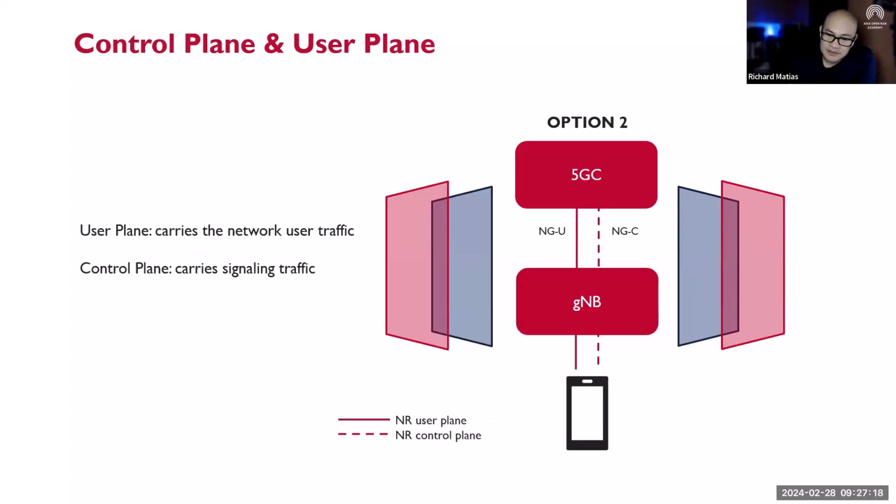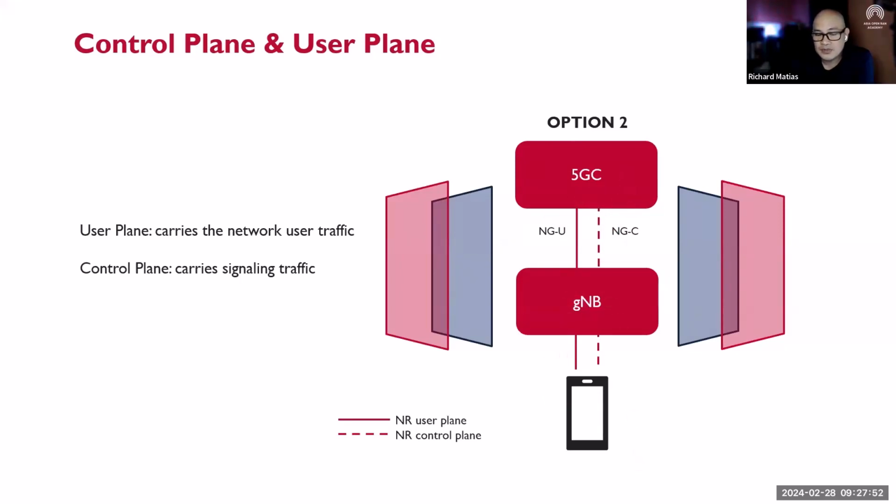The separation of the control and the user plane in the 5G network architecture is one of the critical features that enables the network to provide more enhanced functionality and performance. That's why you can always see a dotted or dashed line and a solid line for the user and the control.